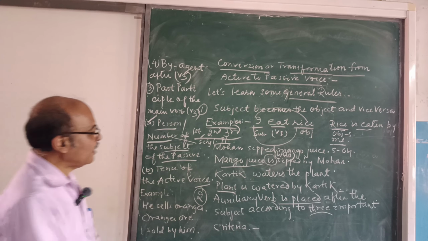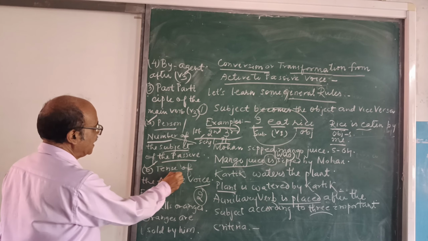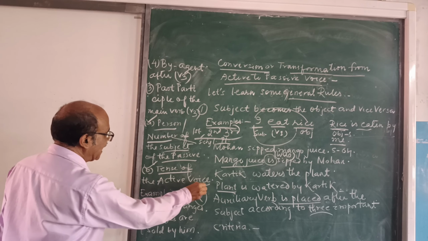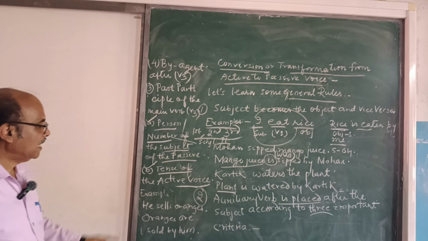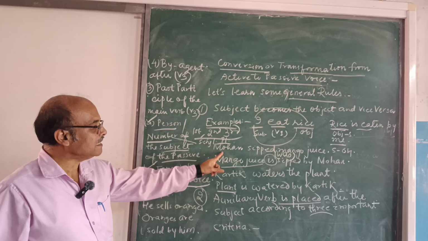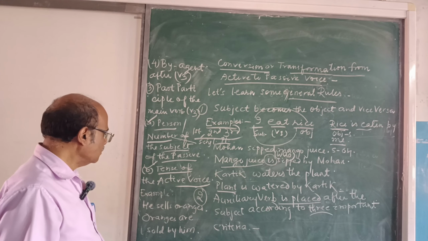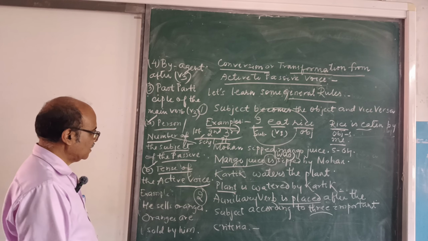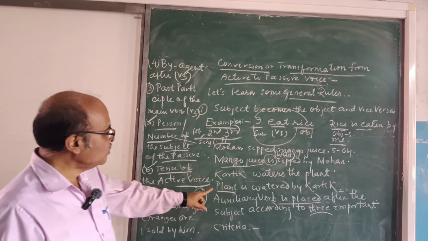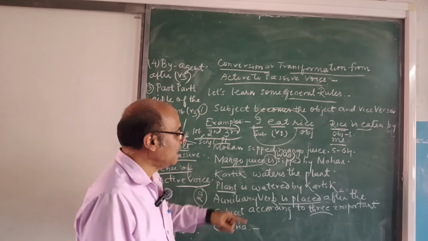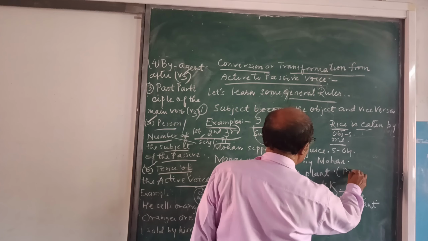And second criterion is the tense of the active voice. You have to see the tense of the active voice, in present tense or past tense. Now, here you see Karthik waters the plant. This is your present simple tense.